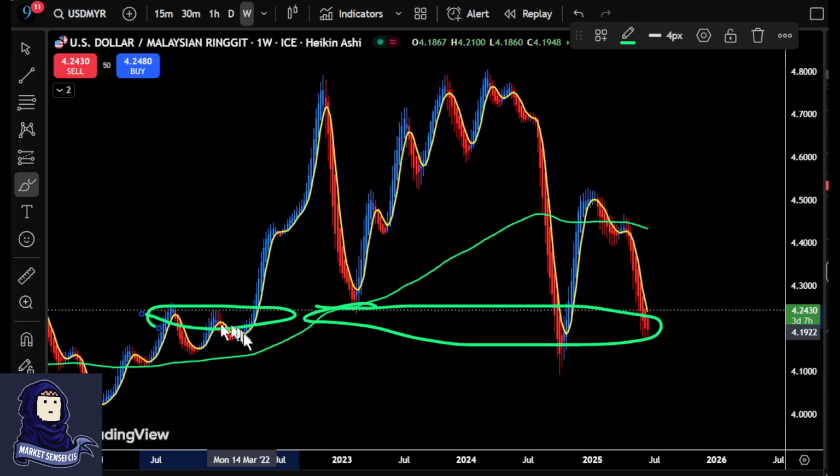See, a lot of buyers or sellers in this area. Even this move upwards consolidated in this area. So this zone is very strong.